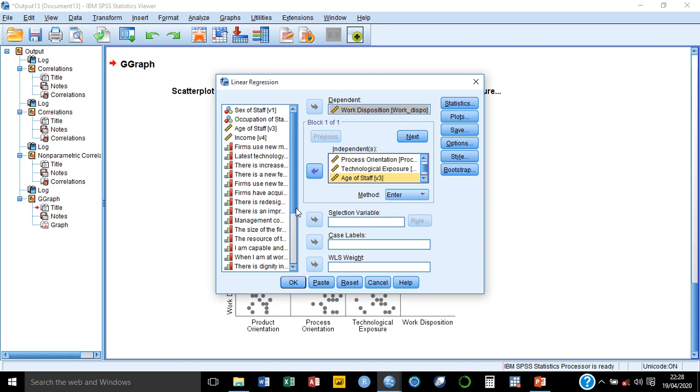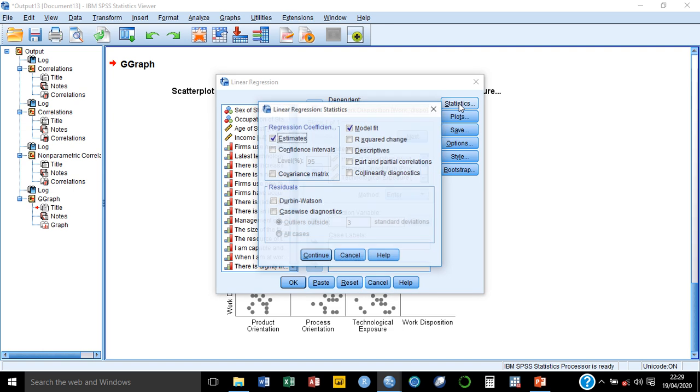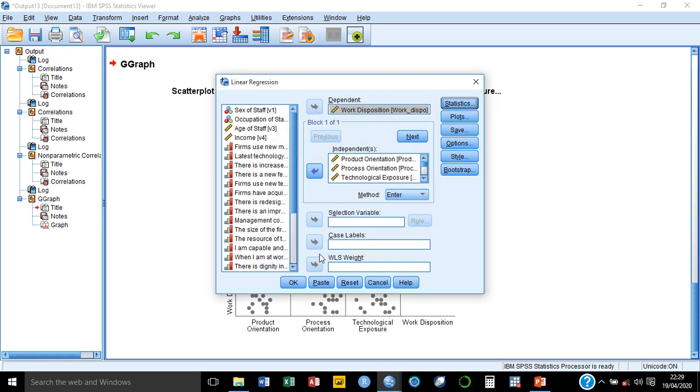Now, in regression analysis, it doesn't all have to be scale variables. You can have, let's say, sex of staff and occupation. Does it also affect? So these are places you put your independent variables, and this is where you put your dependent variable. Statistics, give me my model fit, I like my descriptives. I think that's all. Continuing.